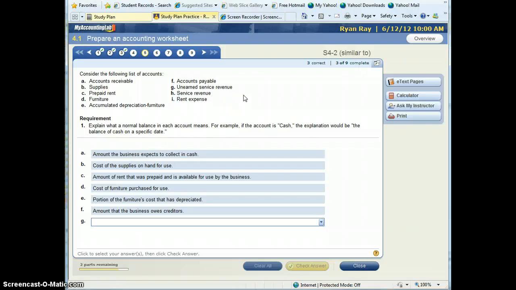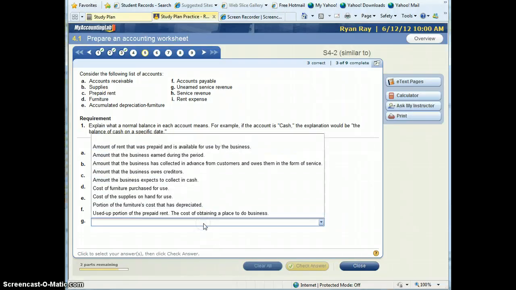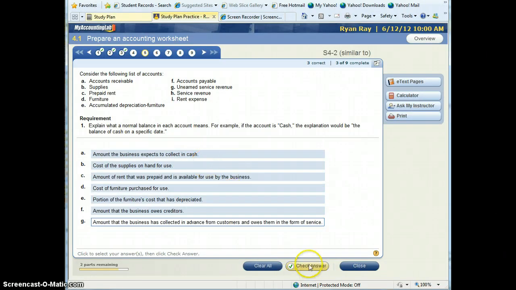It means you've received something, but you haven't done anything yet. You record unearned service revenue when somebody pays you in advance of the work that you're going to do, but you haven't done it yet. So it's actually a liability until you do the work. It's the amount that the business has collected in advance from customers and owes them in the form of service.